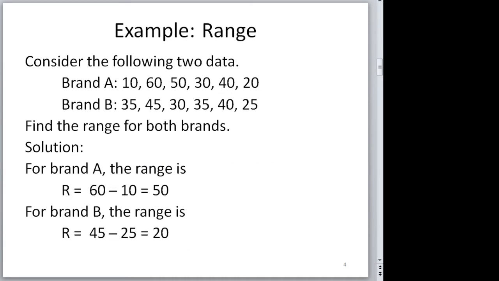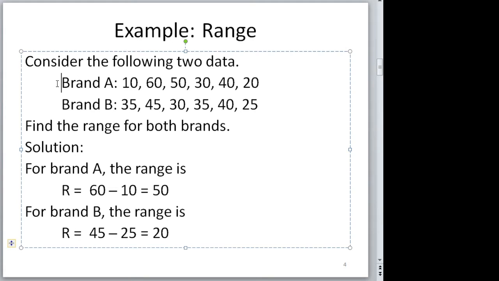Let's consider this next example. Let's say we have these 2 data sets, brand A and B. Just by looking at it, what do you think? Which one is more concentrated? Which one is more spread out?